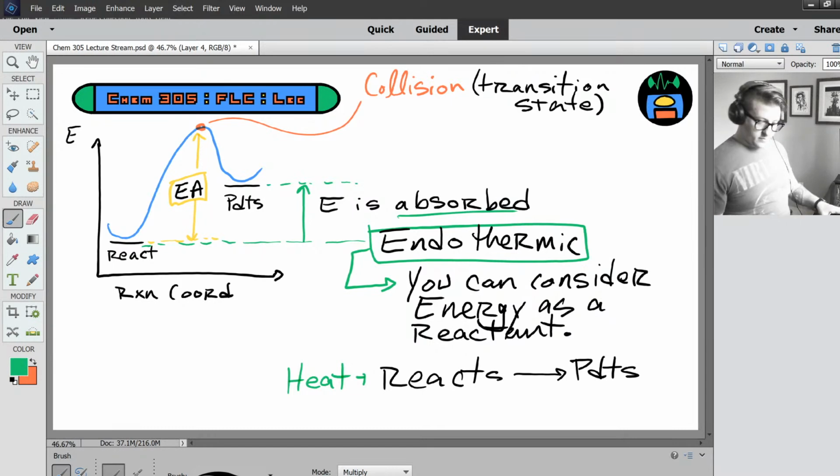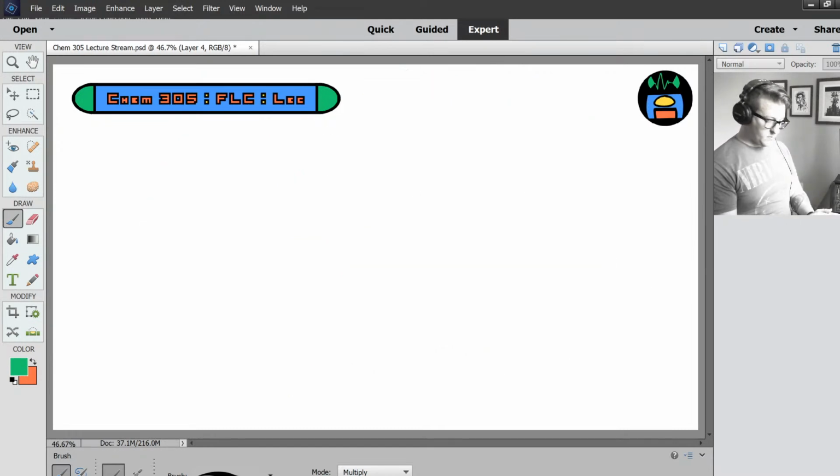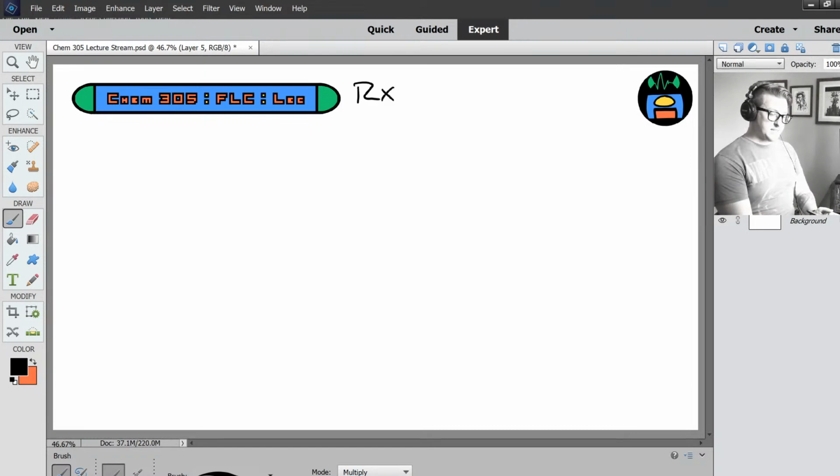Now, there's a couple things that I want to kind of zero in and think about for a little bit. And the first is this concept of reaction rates. The rate of a reaction is how fast a reaction occurs.